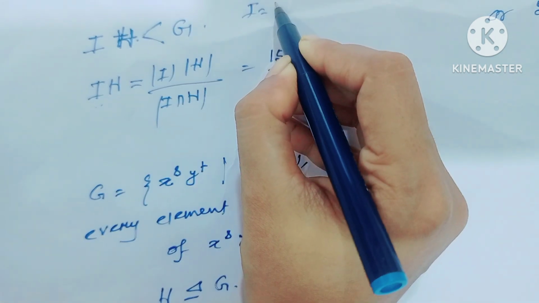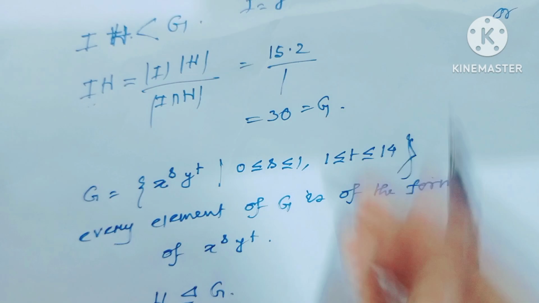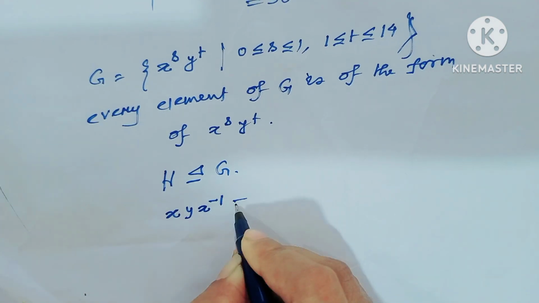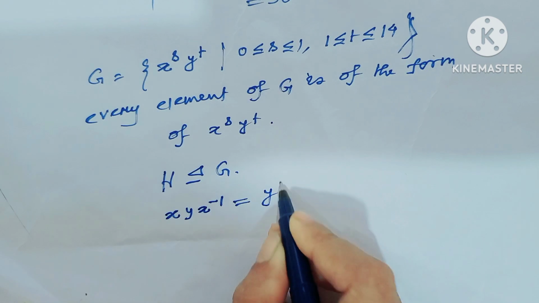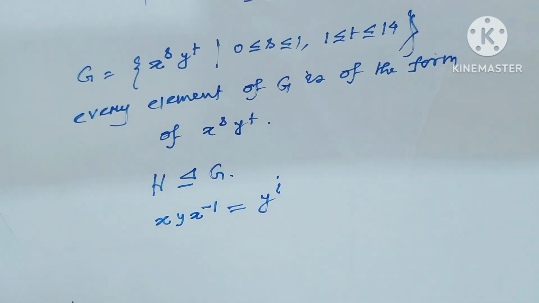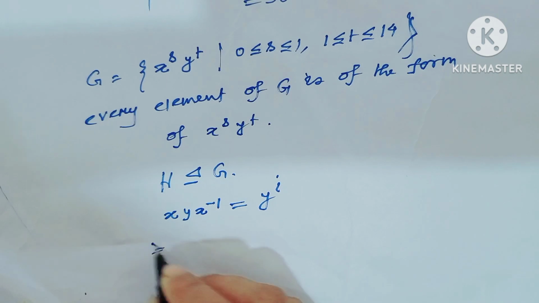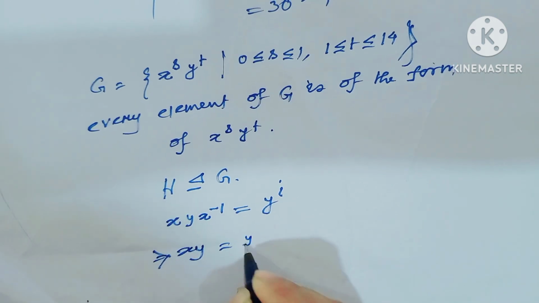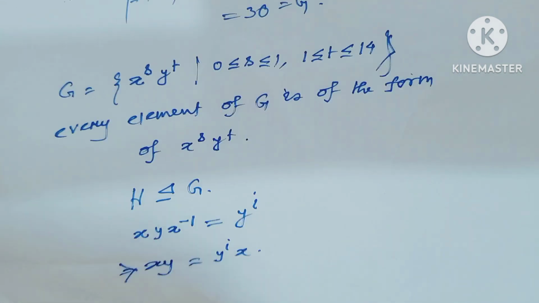The element of I is of the type y to the power i, so x y x inverse is equal to y to the power i, by the definition of normal subgroup. So that implies x y equals y to the power i x.